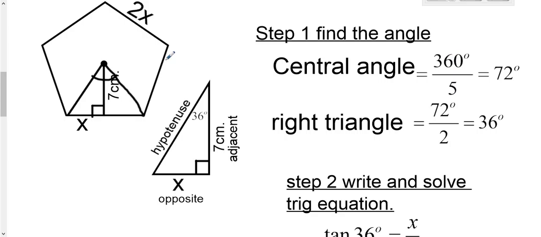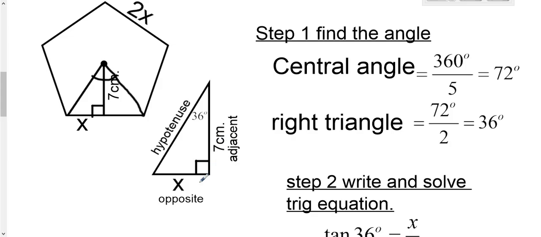So we took the 360 degrees around, divided it by how many sides there were, 5. And this pentagon got 72. And then that again is this whole central angle. Now we want to divide it into 2 again, so we get 36. This angle in the right triangle is 36.